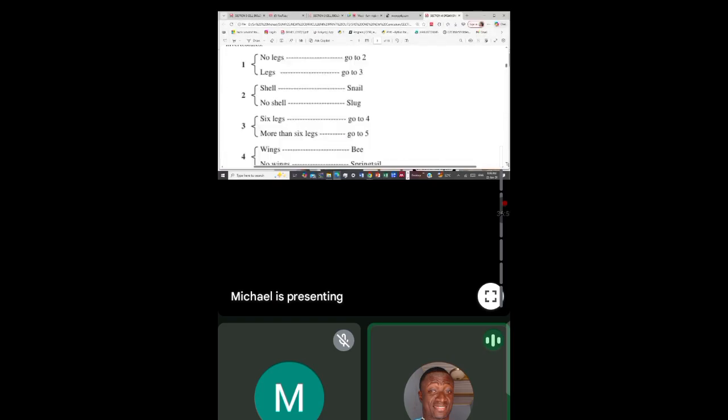So this is an example of a numbered key. So we see there's a point here, no legs. So if you have no legs, you are advised to come to point 2. So those that don't have legs. Yes, you don't have legs, and you don't have a shell. That is no shell. That's the slug. And this slug looks like a snail without a shell.